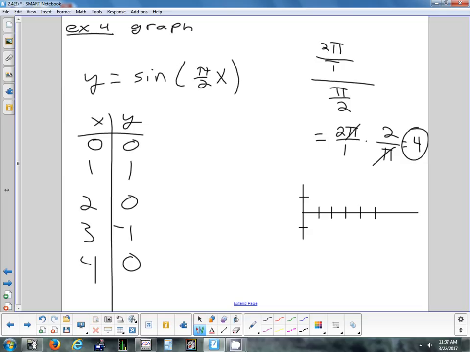Because I'm going to assume you're going by ones, and this one does go by ones. But just to be clear, I will label things so you can see it. 0, 0, 1, 1, 2, 0, 3, -1, 4, 0. And there's your graph.